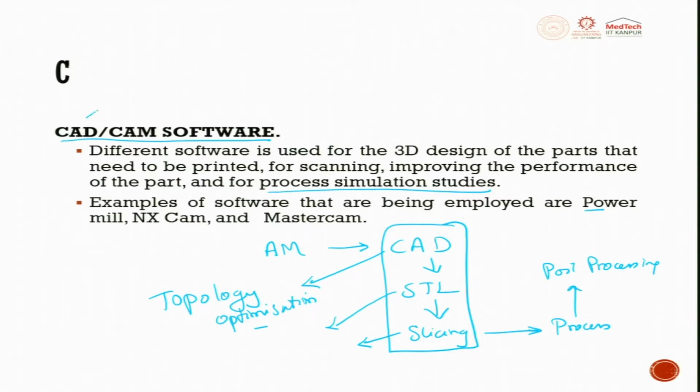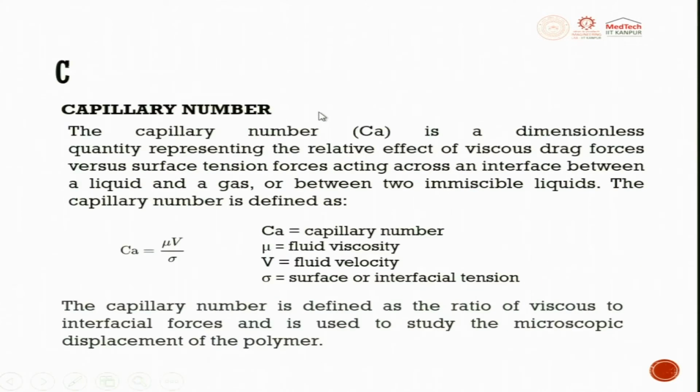So, CAD is used, and CAM also gives you the process and process parameter details apart from tolerance. All these things are given by CAM software. So, CAD/CAM is very important as far as additive manufacturing is concerned.